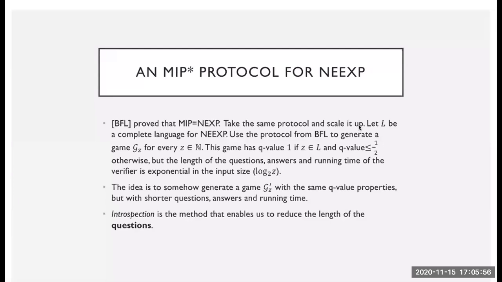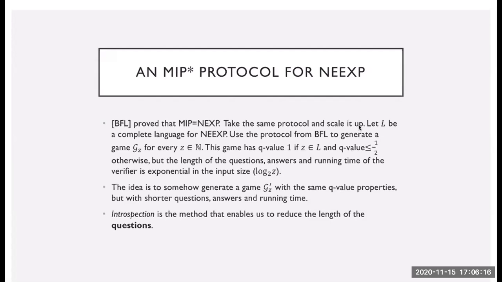The problem is that the questions and answers are very long. The questions are exponentially large, and you need to get answers that are exponentially large. So you need to read something exponentially large.